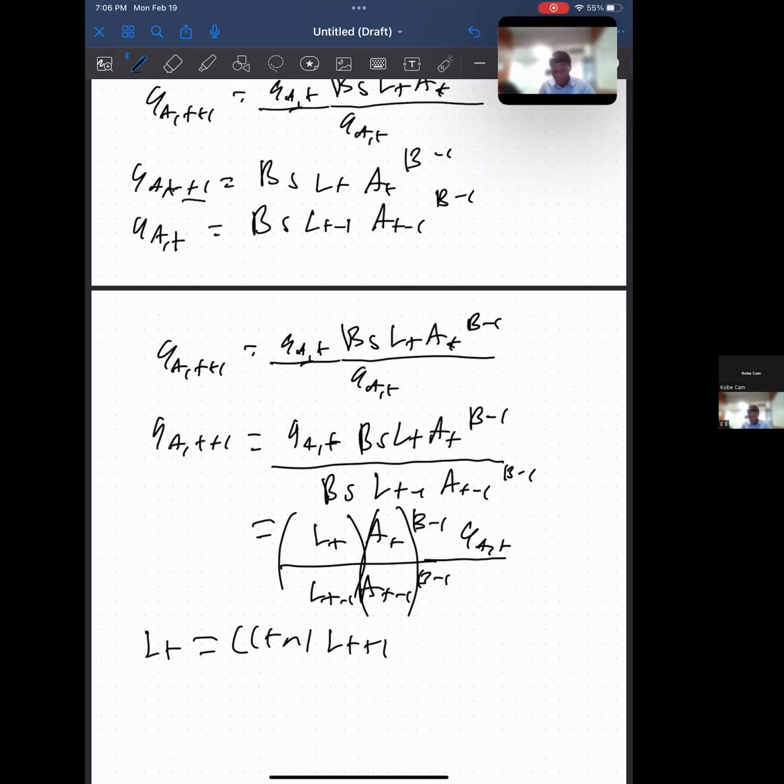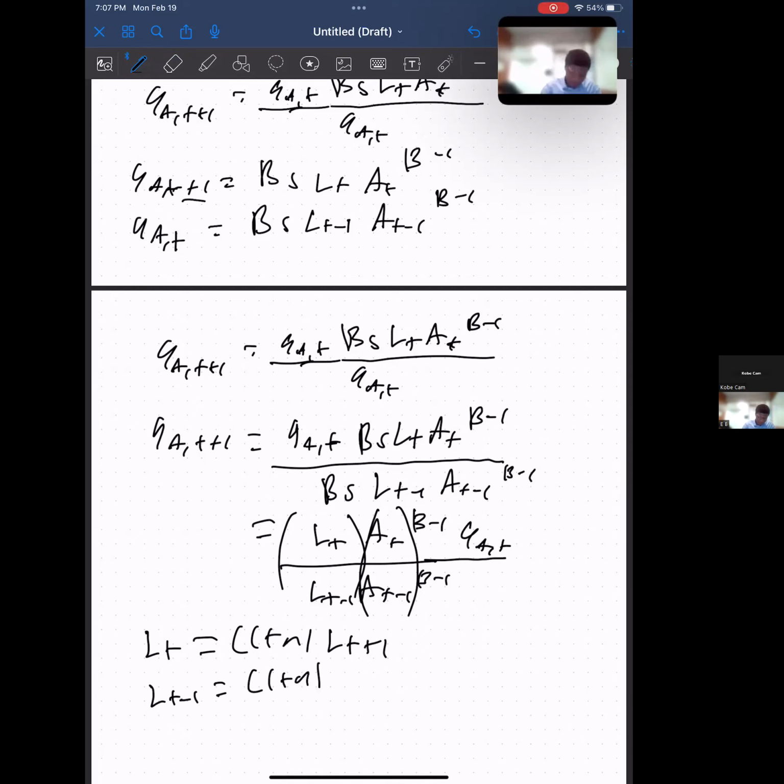How do we work that out? It's the same thing. This is a constant factor, growing at this constant rate, so it's always going to be growing at the same rate. And more importantly, if we just subtract 1 on all of our t's here, we have LT minus 1 is equal to 1 plus n.